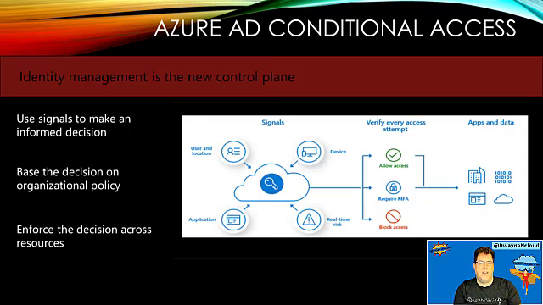We're going to then verify the access attempt using MFA or blocking access, and then we give them access to the apps and data. And the different signals are where they are, the devices, the device compliance, what applications they might be. They could be applications with sensitive data. And then also real-time risk, which comes from those suspicious IP addresses and the Microsoft threat database as well.